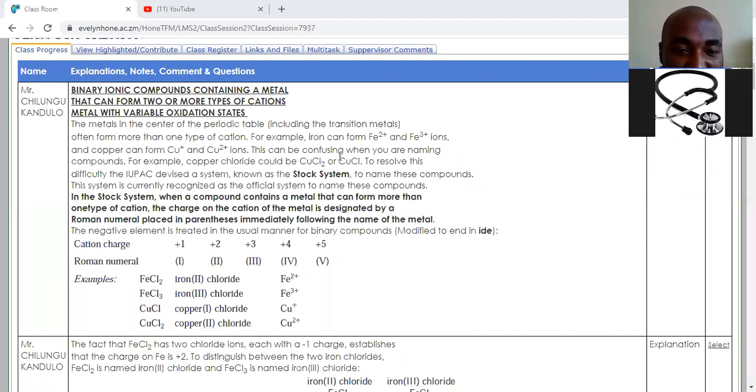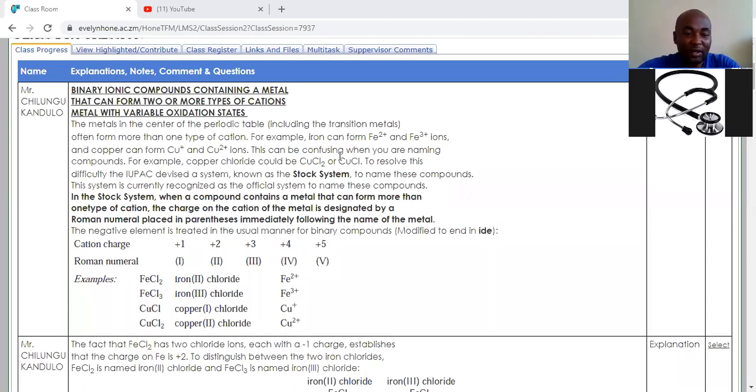So that difficulty is resolved in what is called the stock system. In that system, you use Roman numerals. Immediately after the name of the metal, you put the Roman numeral to show the charge of the ion.